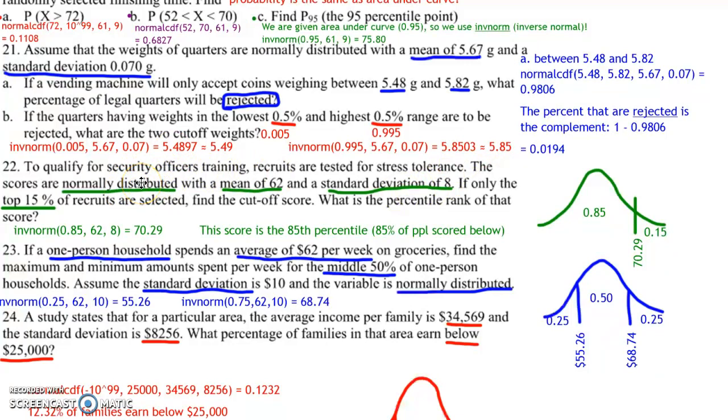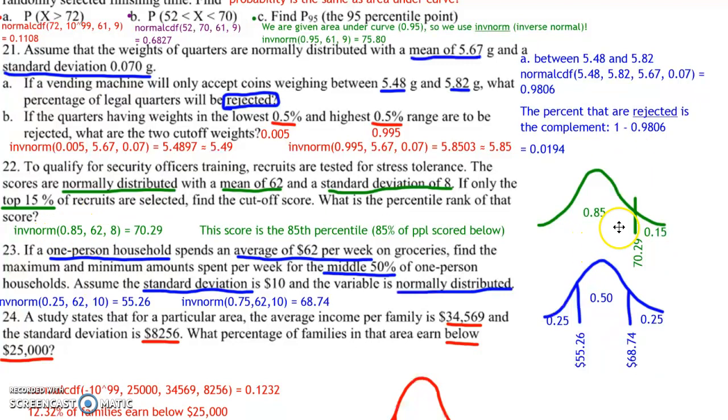Again, a normally distributed problem, and it's looking for a percentile rank, and it's looking for a cutoff score. This picture is designed to help you figure out what's going on. 15% of the top recruits are going to get accepted, so we put into our calculator 0.85, 62, and 8. We're using 0.85 because the invNorm calculation always figures out the area behind a certain value.